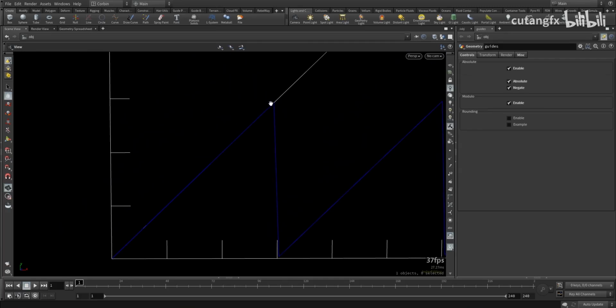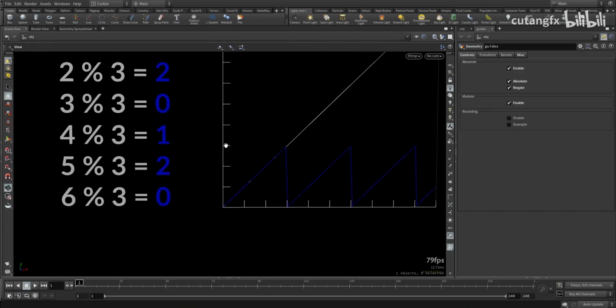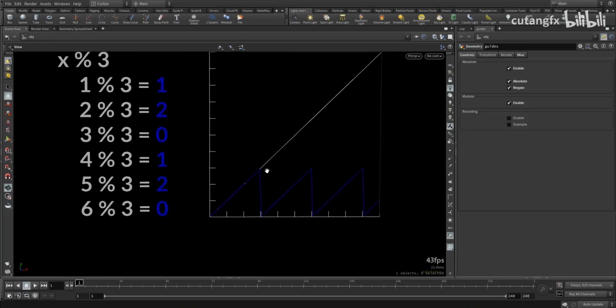It's just that 2.999 is still on the same linear path. And then the second it actually crosses into 3, then it jumps down to 0. So even though this looks like it goes up to 3, it really goes up to just below 3. Right? This is if we feed it float numbers, but obviously if we fed it integers, then it would look a little bit more like a step, and it would go 0, 1, 2, 0, 1, 2, 0, 1, 2.